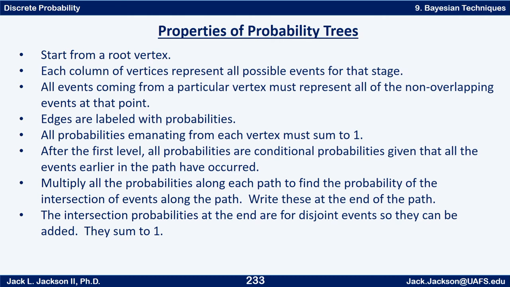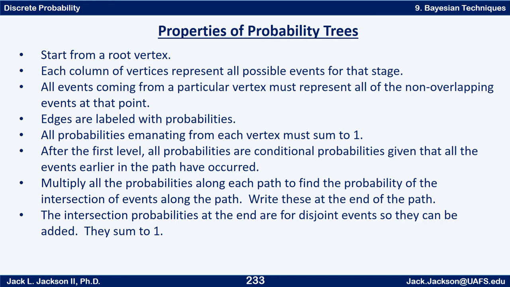Okay, so let's first review some properties of probability trees before we go any further. We should be pretty good at these by now if we've worked through the other videos in this playlist, or the material that goes along with it. Probability trees start from a root vertex, and each column of vertices represents all possible events for that stage.